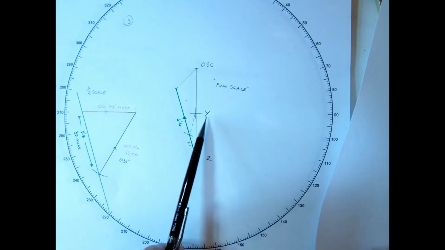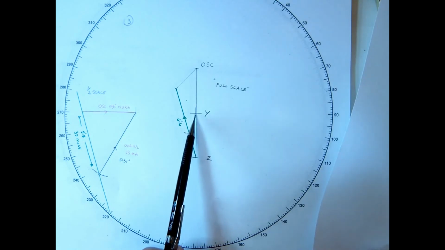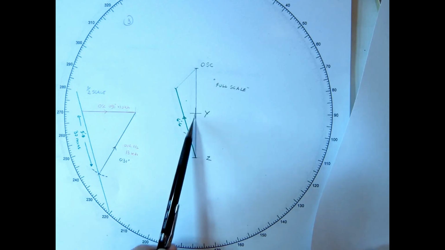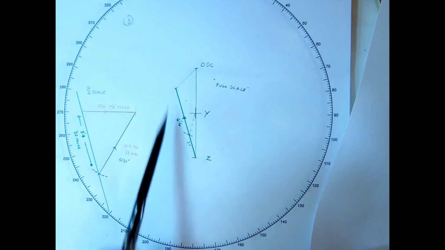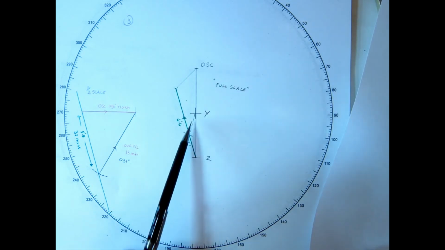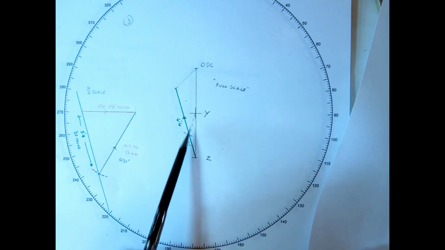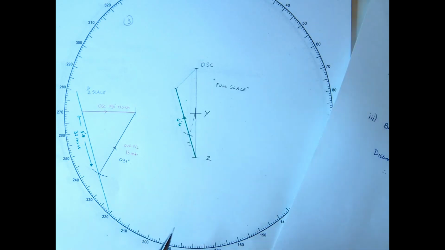So that's ship Y. So all I've done, I've got my compass and I've scored 2 miles. I can do it 2 miles here, of course, because this is a full scale. And therefore, the distance between here and actually sighting the vessel is 2.1 miles. And I've got the bearing there, which I'll read off. So the bearing is 198.